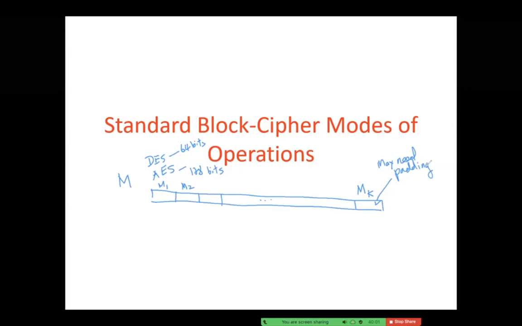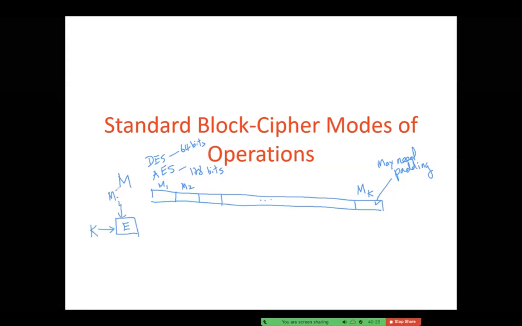Then let's say we have an encryption algorithm. Let's call it E. Also we have this secret key K. So this will be a building block.